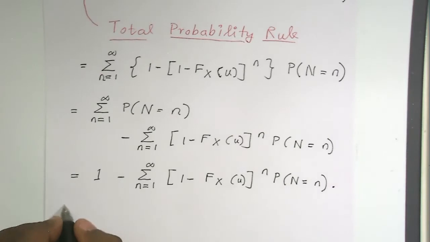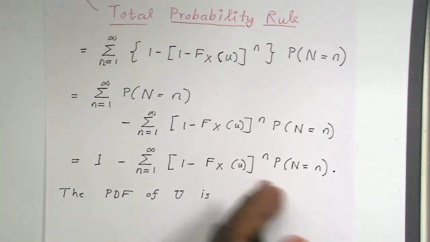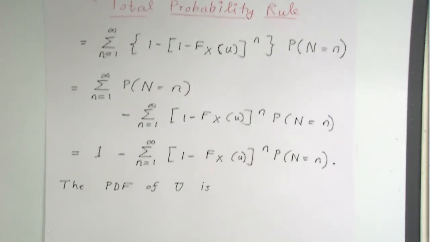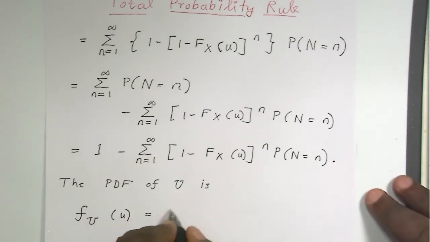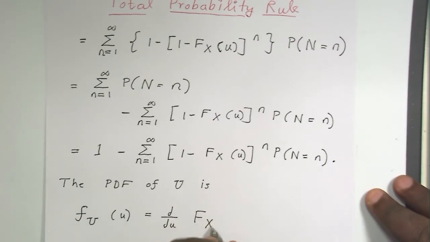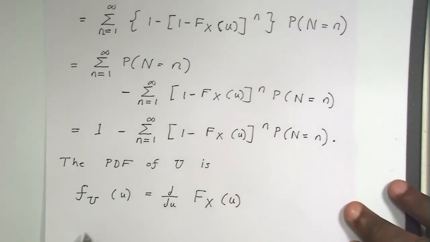Now the next is the PDF. The PDF of U is simply the derivative of this with respect to U, so you should differentiate this with respect to U, guys. This is what you will get.